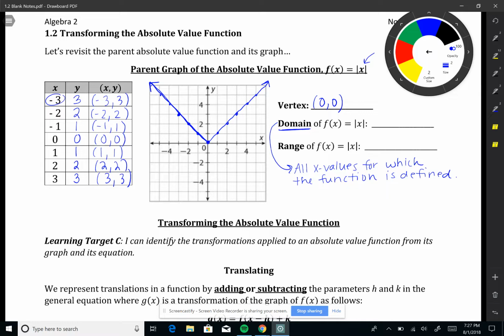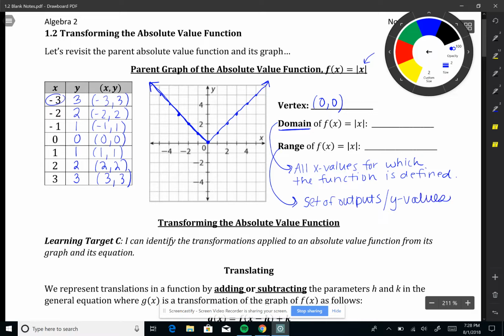And in this particular function, what x values can you take the absolute value of? Well, if you think about it, every number on the number line has an absolute value. It has a distance from 0. So we can put any x value we want into our function and we will get out a y value, which is our range. This is just our set of outputs after we put those domain values in, which are also our y values.